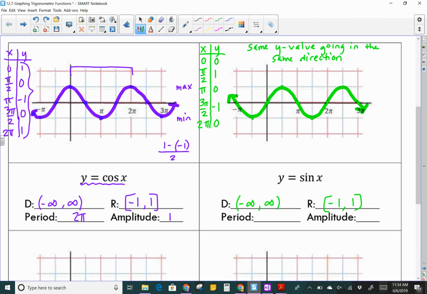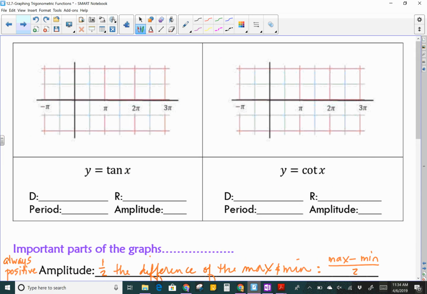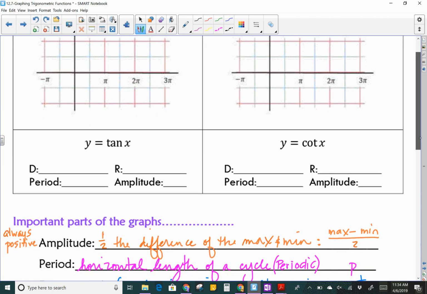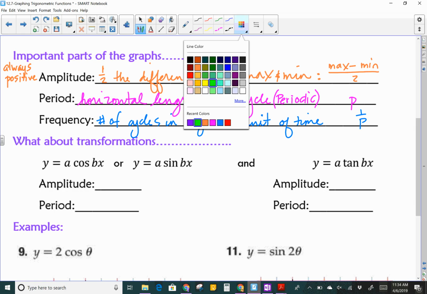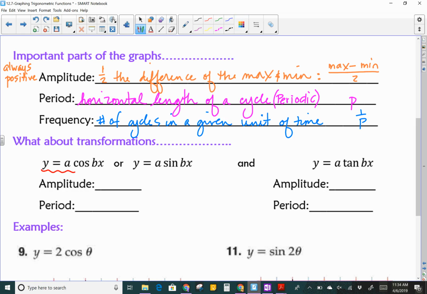Now I want to go back and graph some, and see what kind of changes we're going to have with our graphs. Here is our equation: y equals a times the cosine of bx, or y equals a times the sine of bx. When you have that, the number in front of your trig function is your amplitude.